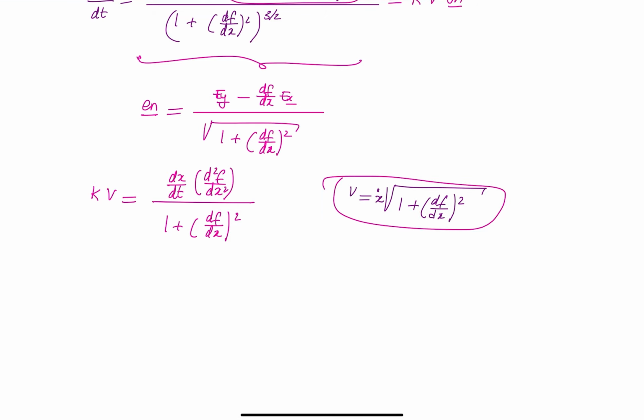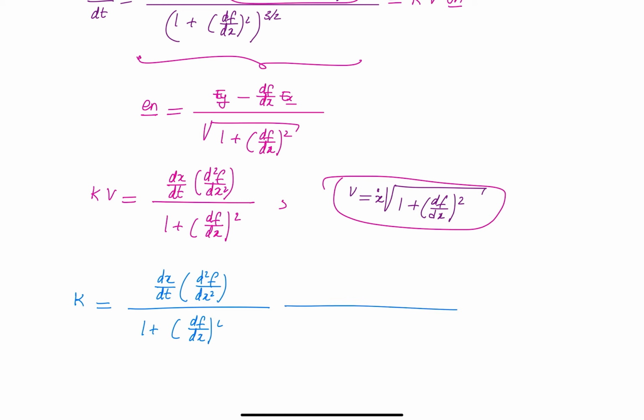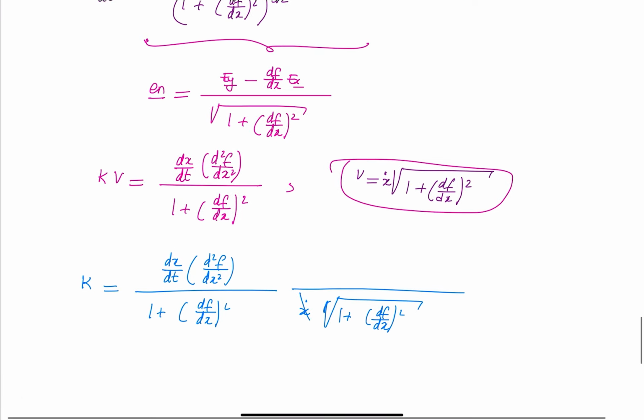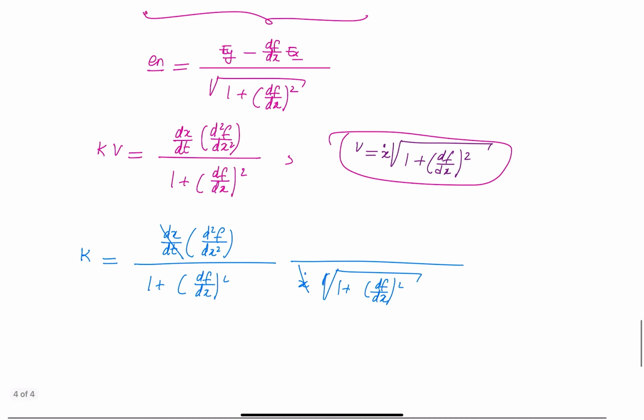So I have these two, then kappa is equal to dx by dt, d squared f by dx squared over 1 plus df by dx squared, over x dot the square root of 1 plus df by dx squared. The x dot and the dx by dt, these are the same. I'm left with d squared f by dx squared over, I can put it just to the power 3 over 2.